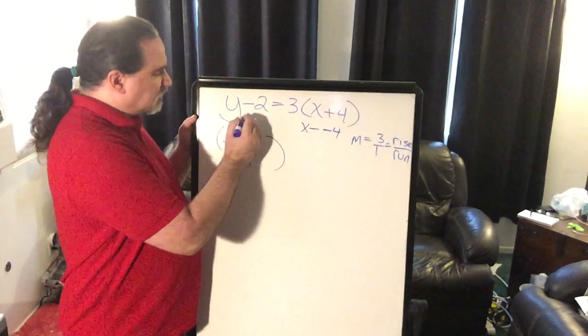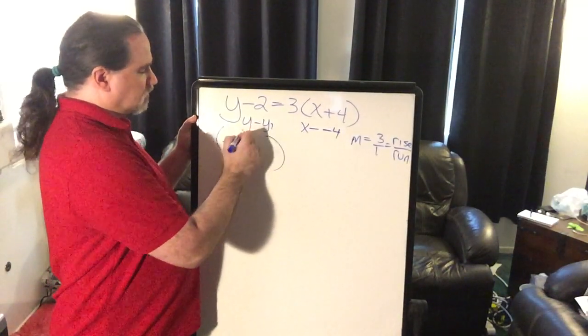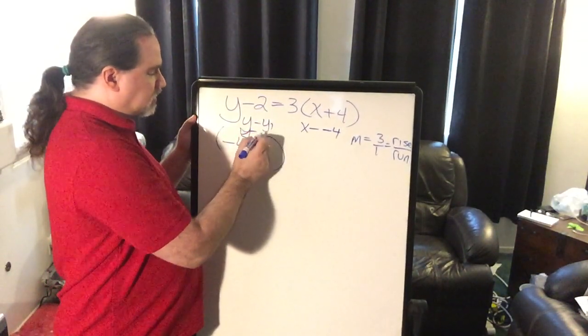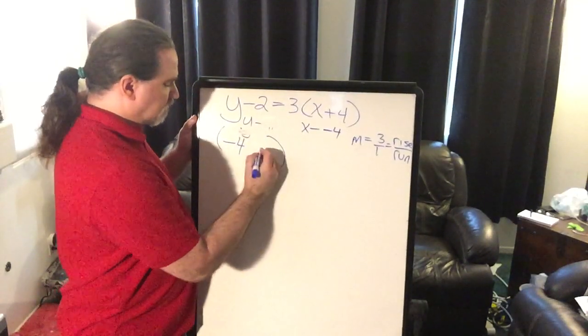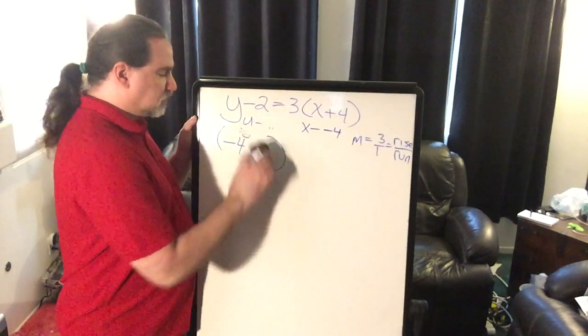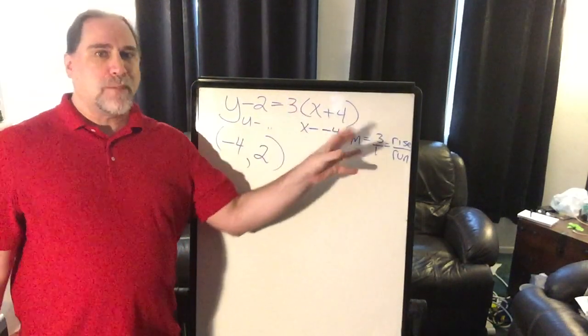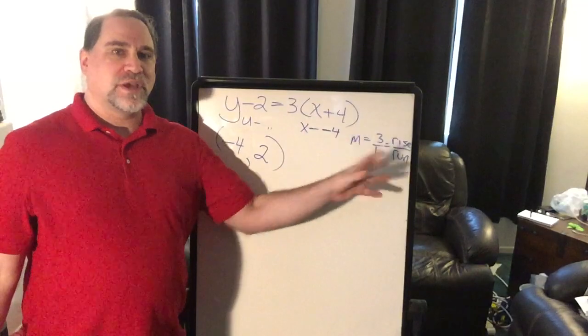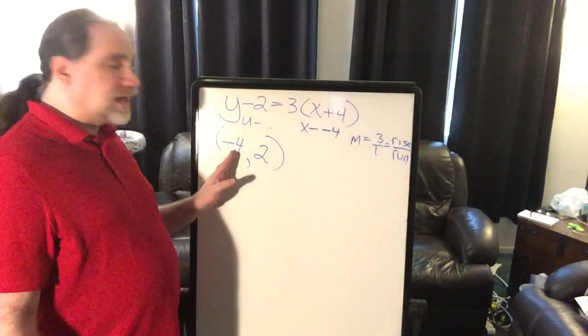And then this is the same thing. This is y minus y1. Well, I got the y, I got the minus. So what's the y1? Y1 has to be positive 2. So what you're grabbing for the ordered pair is the opposite of what you see there. So I see a positive 4, I get a negative 4 for x.